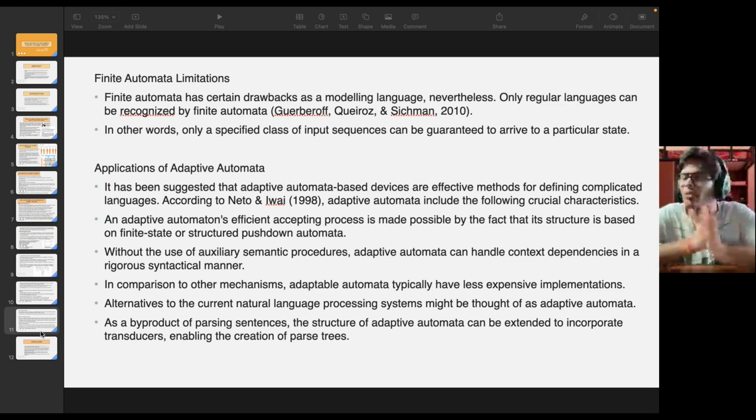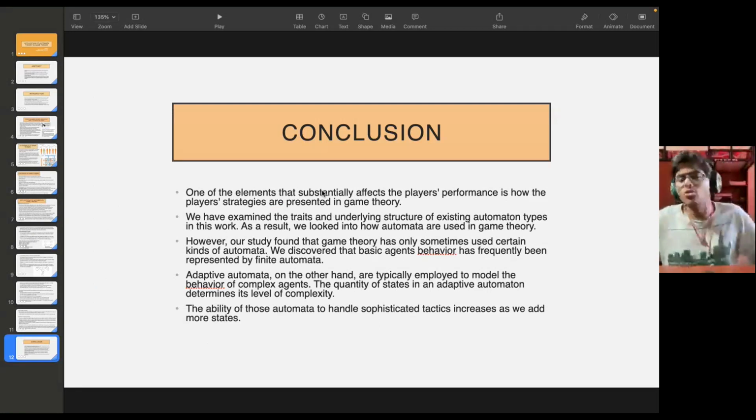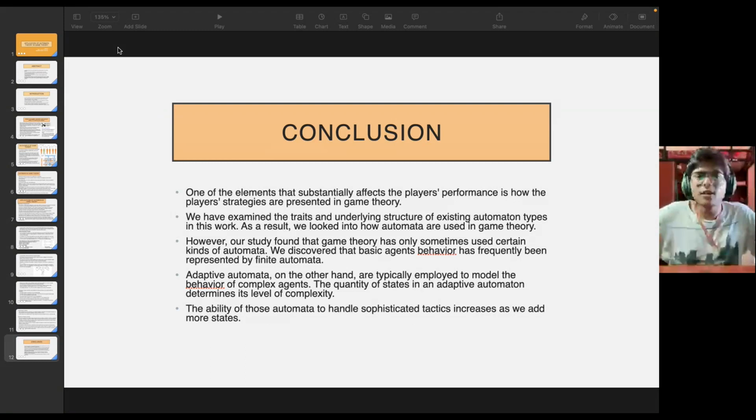So here I would like to conclude my video because it's already been too long. What is the conclusion? What is the outcome of these slides? One of the elements that substantially affects the player's performance is how the player's strategy is presented in game theory. We have examined the traits and underlying structure of existing automaton types in this work. As a result, we looked into how automata are used in game theory.